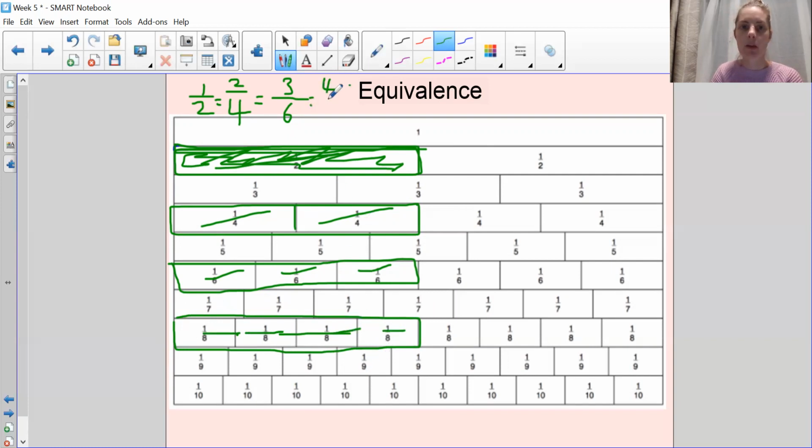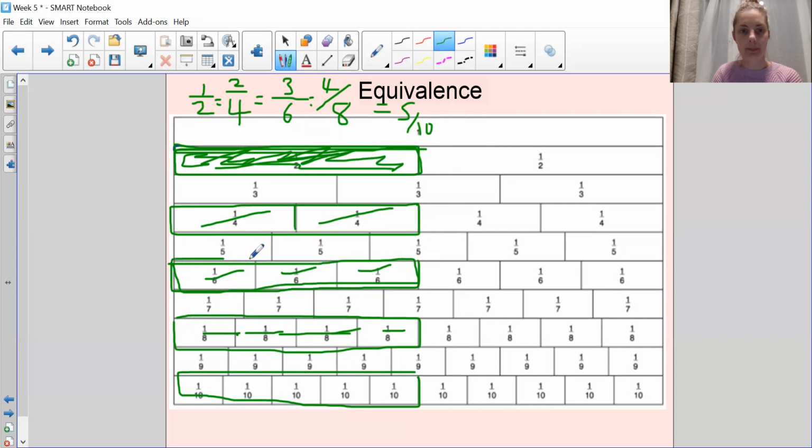And there's one more on this fraction wall that also would be equal to all of these. Great job. Hopefully 5 tenths. Okay, running out of space here, but 5 tenths. And all those have exactly the same amount of space, okay? All right, they are all equal to one another.